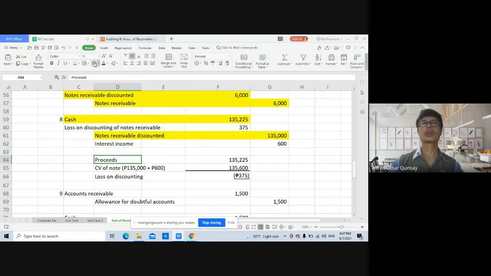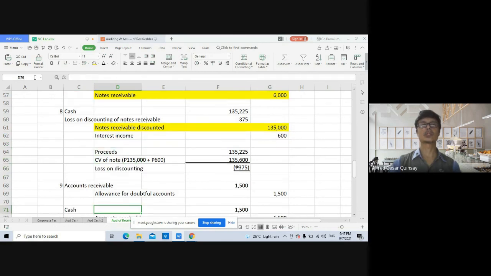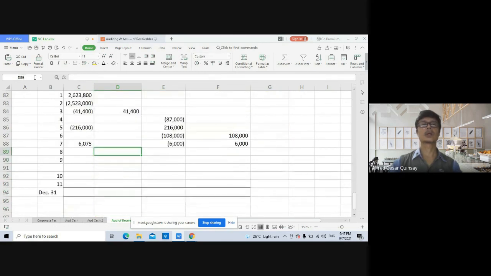So, debit of, no, not cash. Okay, bukod cash, no? Notes receivable discounted lang. Ayan. Note receivable for 135,000. So, these are the ones affected, no? From this entry, yung notes receivable discounted. Okay, so that is for 135,000 sa negative. Yan. So, nabawasan kasi naka-credit siya.